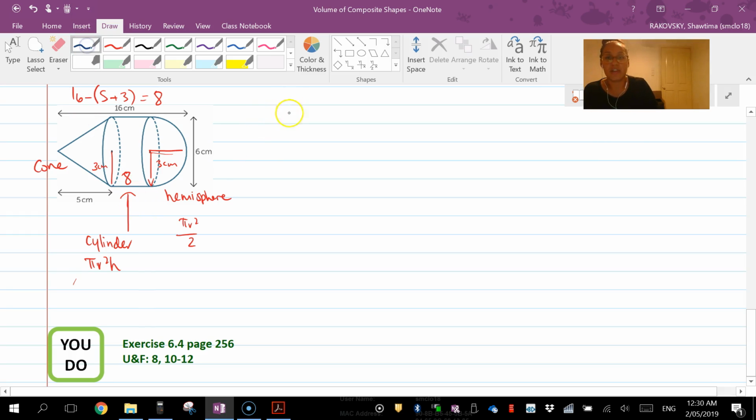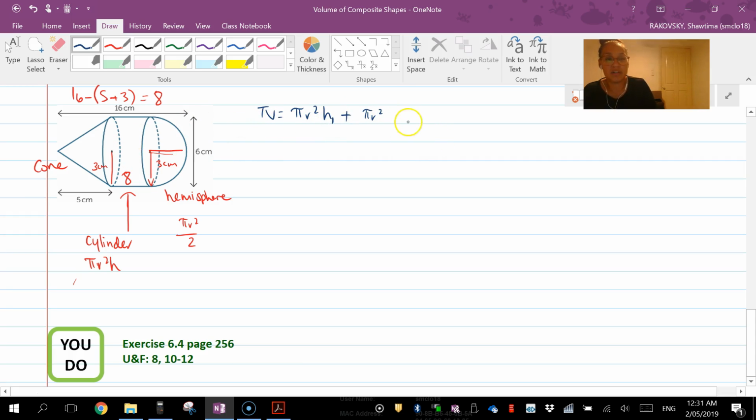So now that we've got that information, we can go total volume equals. Now I'm going to do the cylinder as it is, pi r squared h. Everyone's got the same radius, plus our cone, which is going to be pi r squared. Oh no, sorry, I do need a different h.